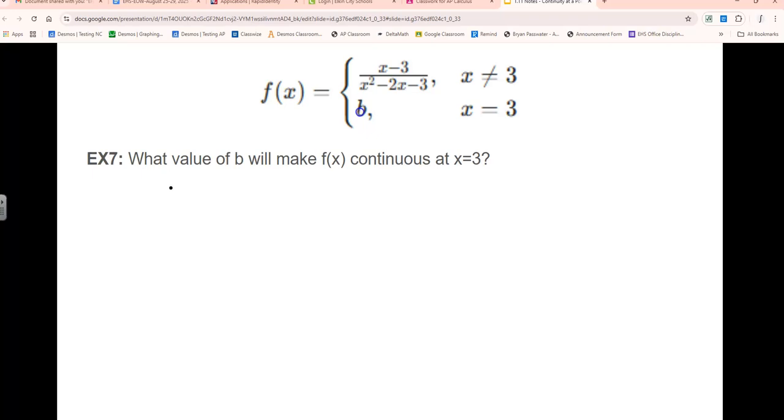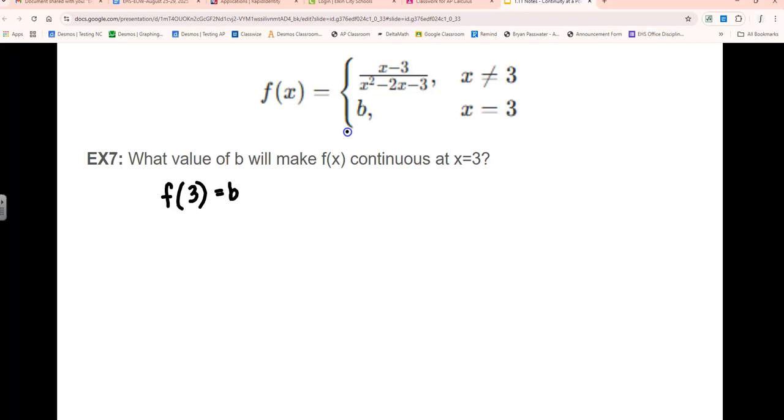My f of 3 is B, right? And then I'm not doing a one-sided limit for these, because while this is a piecewise function, there's not a left and a right side to it. There is this function everywhere, and then a B that plugs in the hole right here.